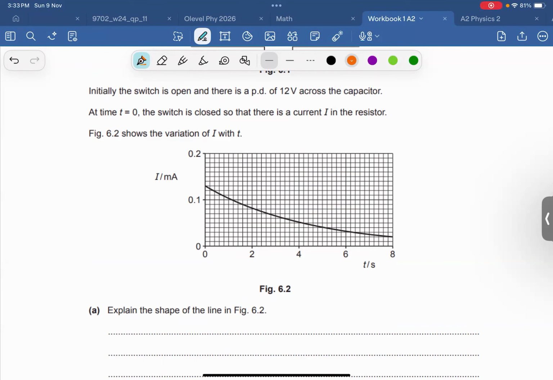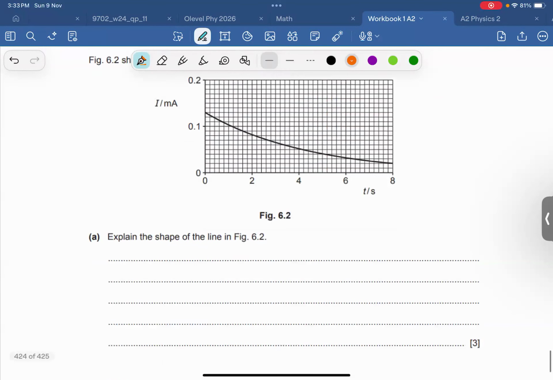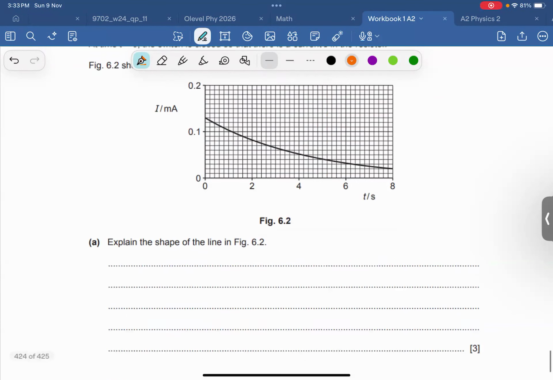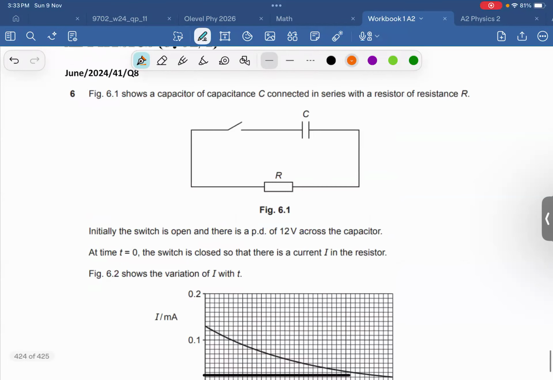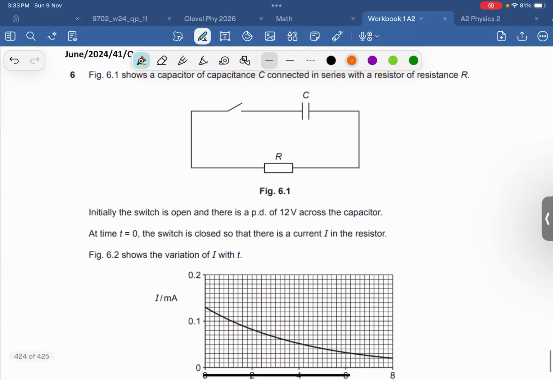To explain the shape of the graph, we have to relate the things. As we switch on, the capacitor will discharge.